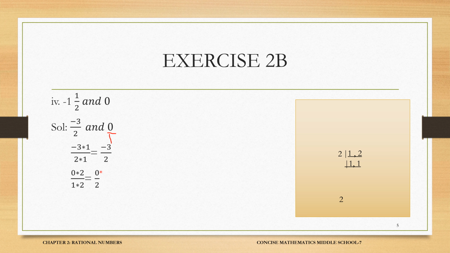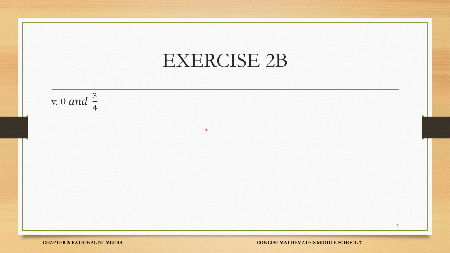When you compare these two, we all know that minus 3 is less than 0, right? So minus 3 by 2 is less than 0 by 2. So minus 1, 1 by 2 is less than 0 is our answer.